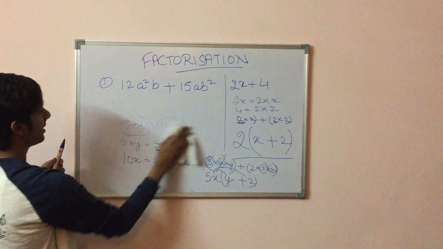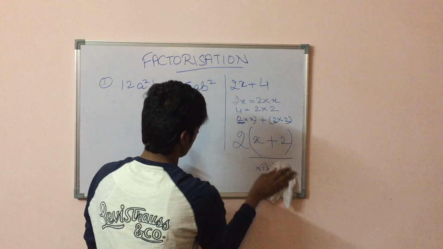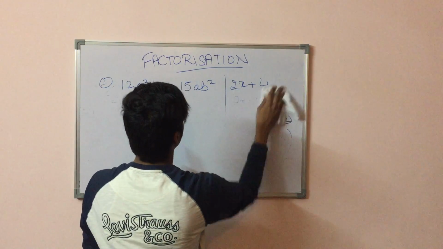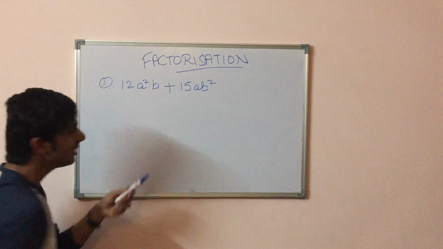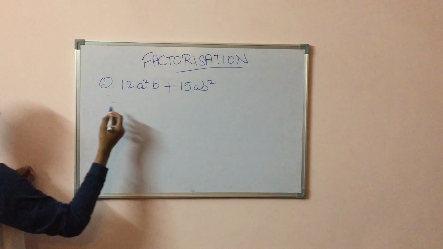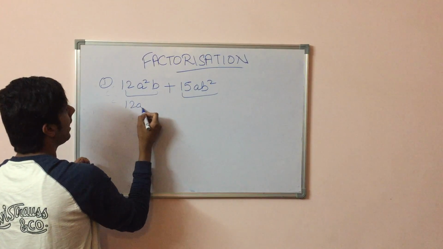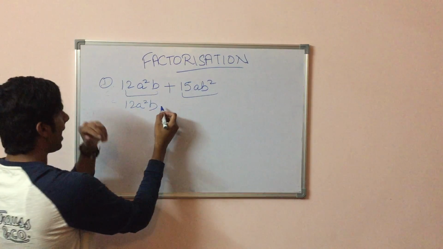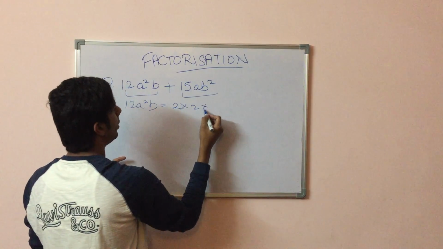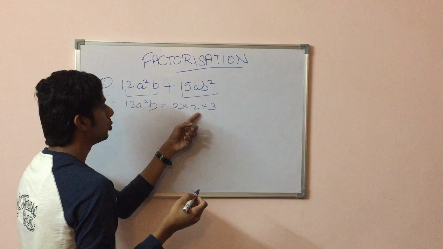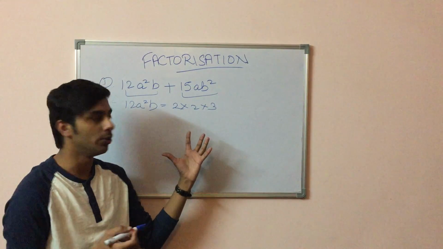Let's talk about this example now. In this example also, just split these two into two different parts, right? 12a square b can be written as 2 into 2 into 3, in the form of prime numbers only, right?